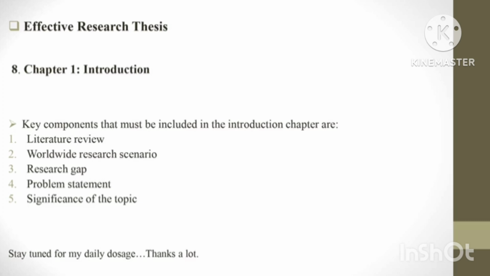So what must be the desirable contents that must be included in this particular chapter, introduction and review of literature? You have to include the background of your title, introduction of your title, so that a mixed audience can also understand the same.